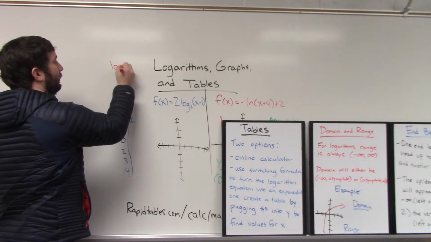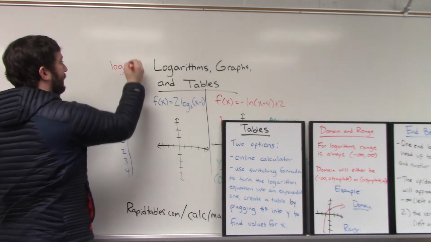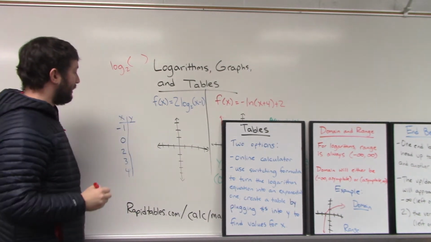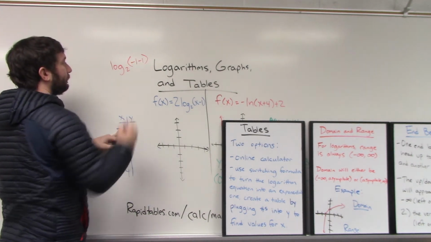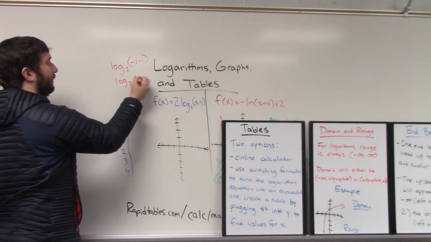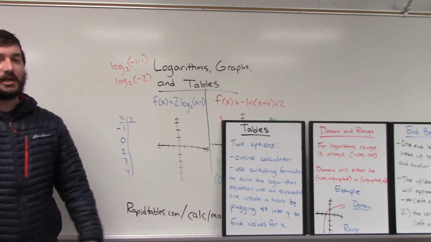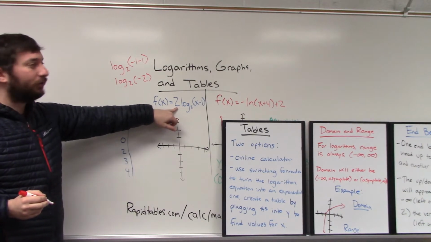Okay. So I have a base 2, and you'll type in something for x, like, I don't know, -1, for instance. And then into the calculator, you'll put this. Now notice I didn't include that 2 on the outside that you're multiplying by.